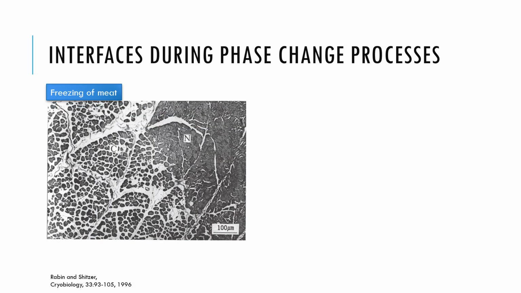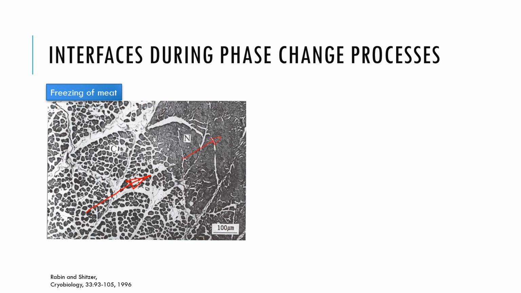What do we mean by sharp boundary phase change? So here's an example of a phase change process. In this case, it's freezing of meat, and the freezing progresses from this end. Now you can see where the frozen part ends and the unfrozen part begins.